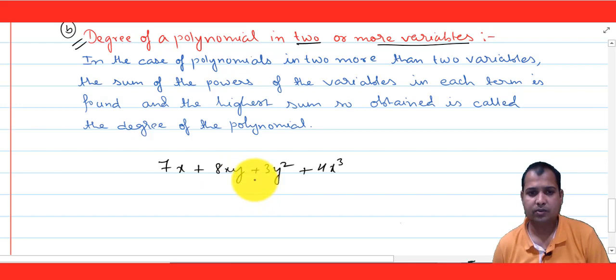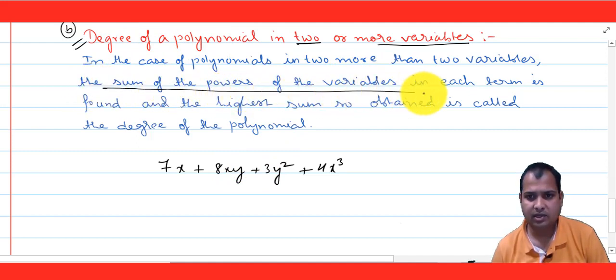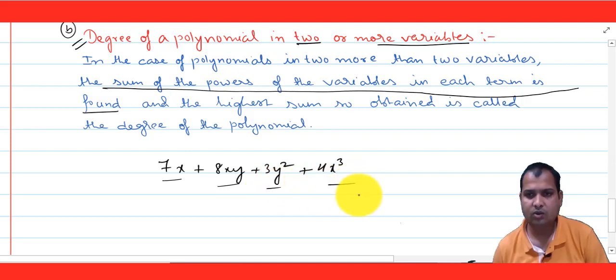In order to find that, what we have to do is, it says that the sum of the powers of the variables in each term is found. If you see over here, altogether 4 terms are there. So we will find the sum of powers of each variable in each term.